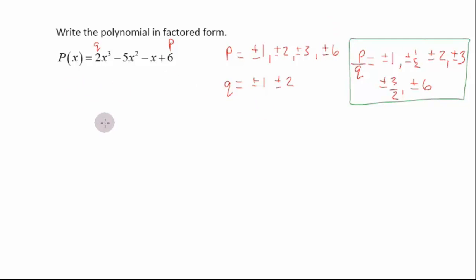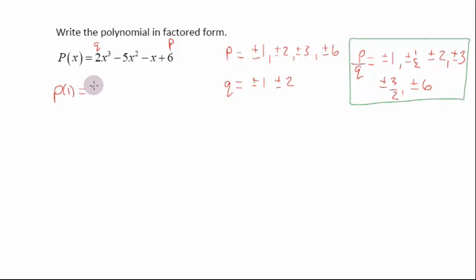All right, now we're going to start testing them. Use the remainder theorem and see which one produces 0 when you put it in here. So let's start with maybe an easy number like plus or minus 1, either of those two. So I'll use 1. The remainder theorem says if you put the 0 in here, it should equal 0 out, right?